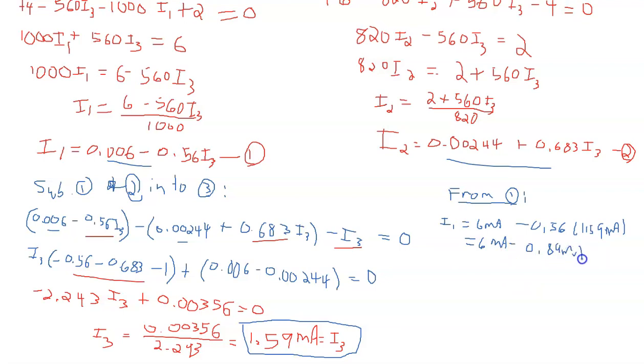I rounded that to 2 decimals because we're going to have 3 significant figures after we do the subtraction, and so I1 is equal to 5.11 milliamps.